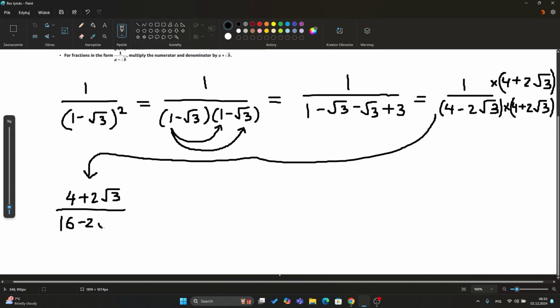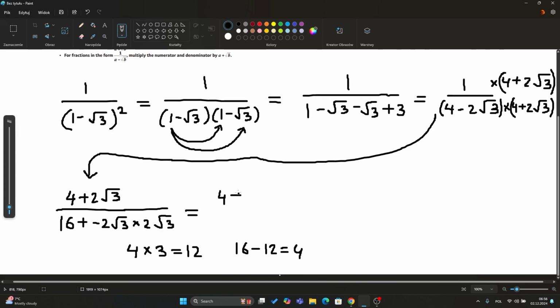We do that by multiplying 2 by 2, which is 4, and root 3 by root 3, which is 3, so that's 12. So that's minus 12, so 16 minus 12 is going to be 4.